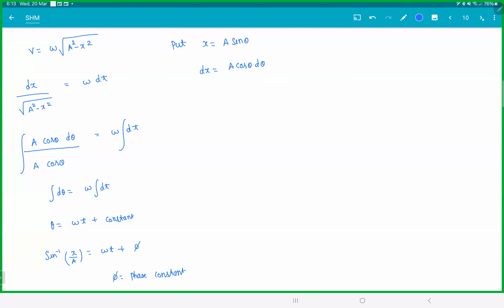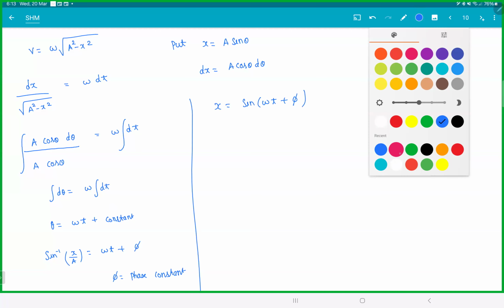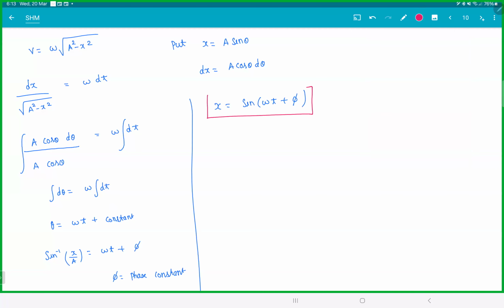This phi will keep popping up at 3-4 places, so understanding it is important. So your function becomes x equal to a sine of omega t plus phi.